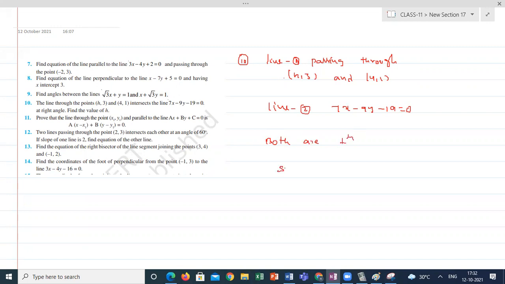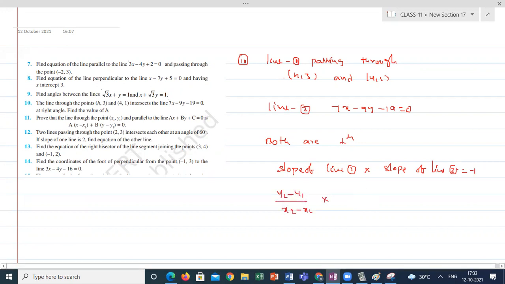So slope of line 1 into slope of line 2 is equal to minus 1. So (y2 minus y1) by (x2 minus x1), because the line is not given, they gave the points passing through the line, into minus b by a should be equal to minus 1. Apply this.